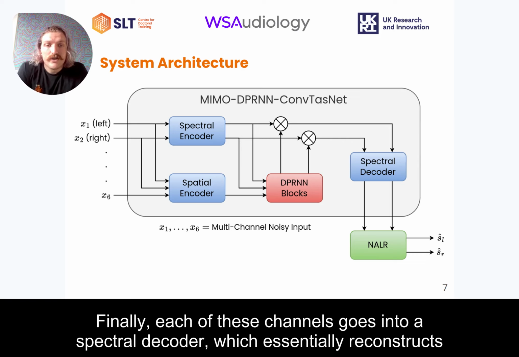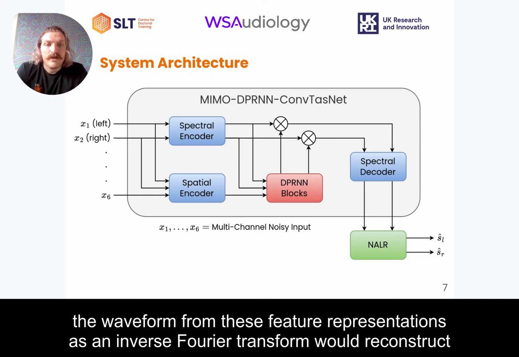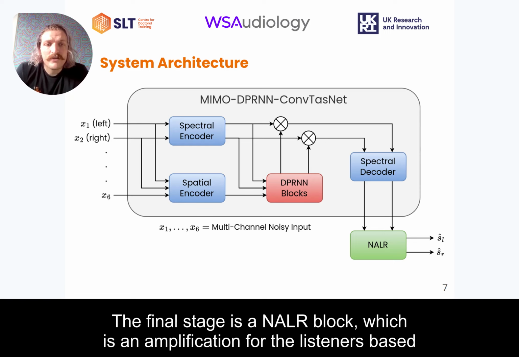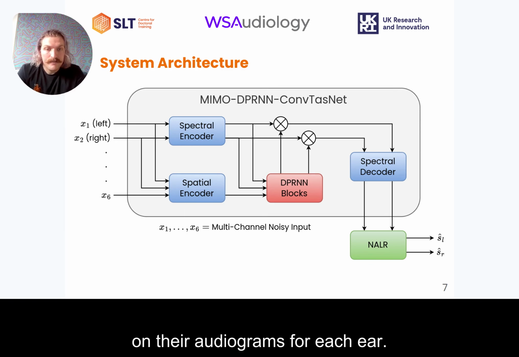Finally, each of these channels goes into a spectral decoder, which reconstructs the waveform from these feature representations as an inverse Fourier transform would reconstruct the waveform from frequency representations. The final stage is an LR block, which is an amplification for the listeners based on their audiograms for each ear.